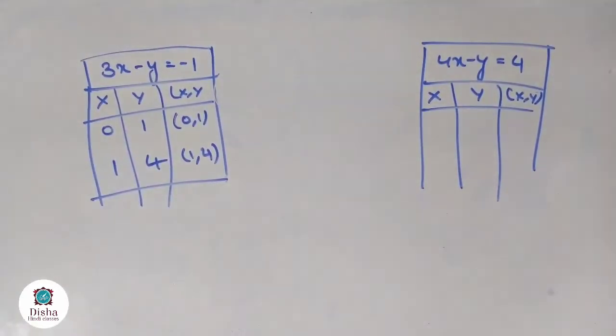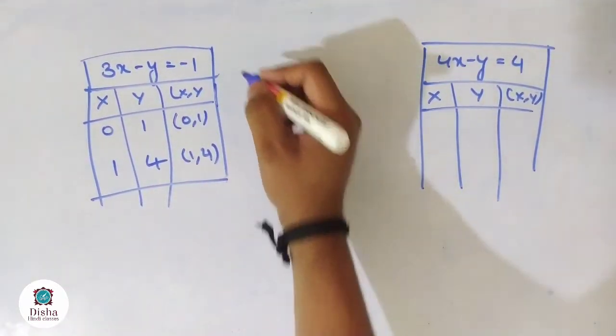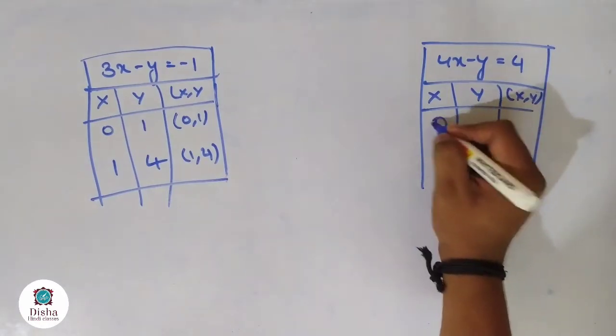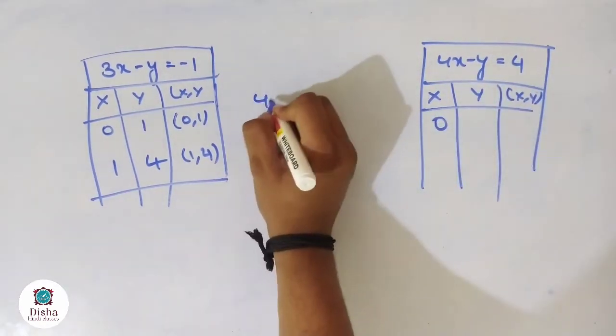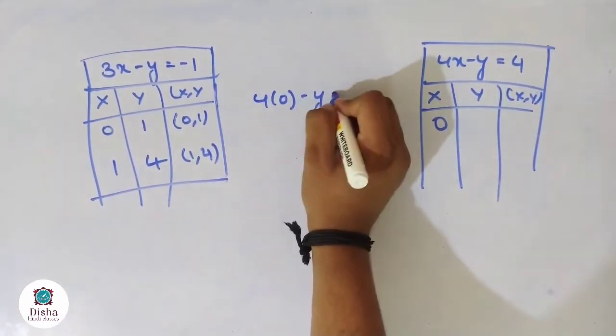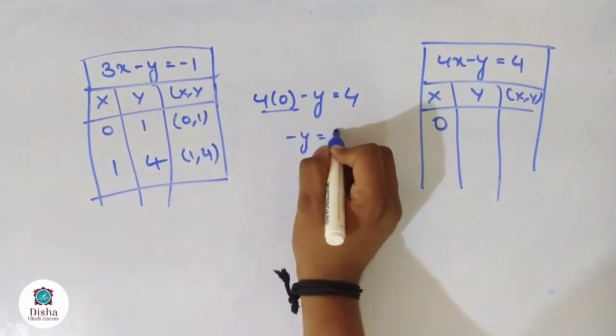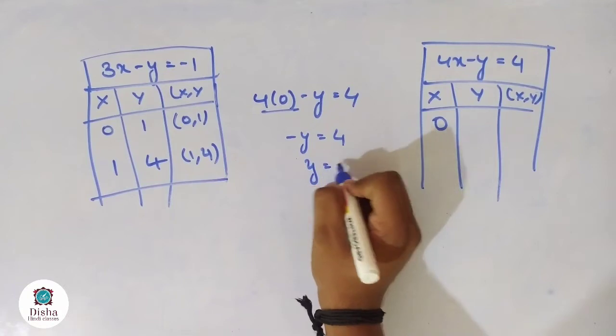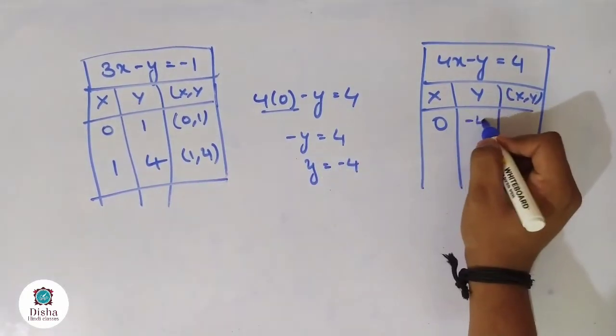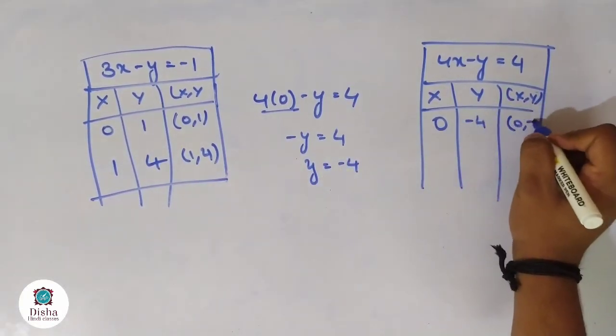Now let us do the second equation. Let us take the x value as 0 here again. So 4 into 0 minus y equals 4. This will be 0, so minus y equals 4, then y will be minus 4. So 0, minus 4.